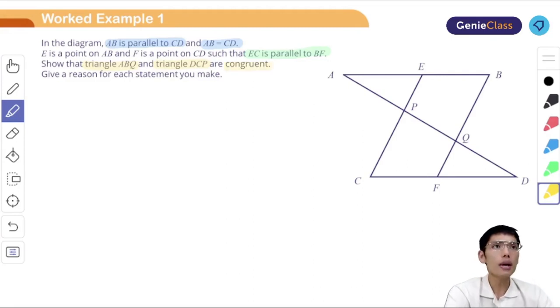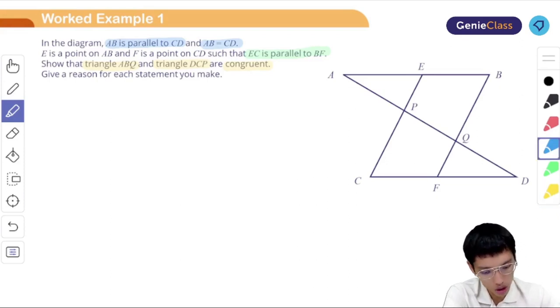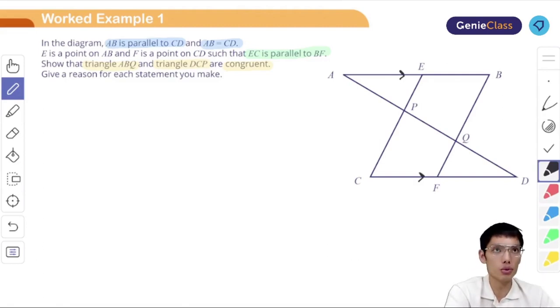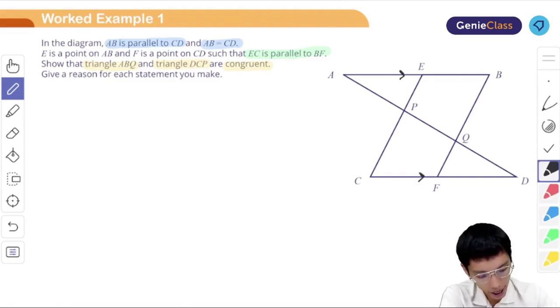I'll give you about a minute or two to stare at this question. And for those who are fast enough, you can let me know. What is a particular test based on this notion given to me? So I have, let me just draw it out, AB is parallel to CD, and I have AB equals CD, and I also have EC parallel to BF.